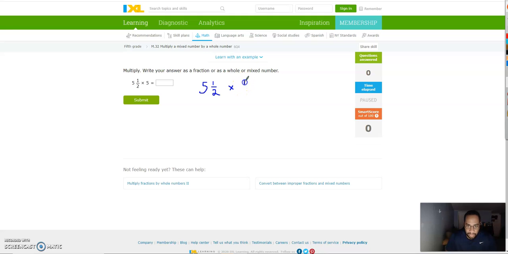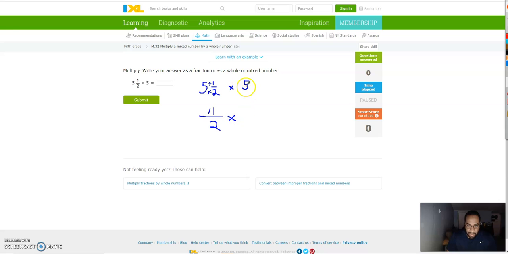Brianna, what do we do with that 5 1/2? Yes, we turn that into an improper fraction. So 5 times 2 is 10. And then 10 plus 1 is 11. So that's 11 over, what's the denominator? 2. Remember, the denominator does not change.